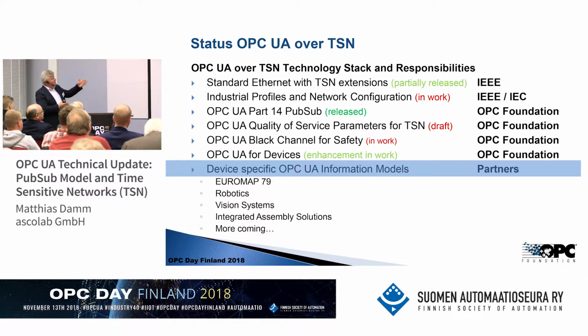A lot of the companion specs at the end of the day represent devices that need to talk to controllers. And even if maybe 95% of the information goes to the IT level, there are still very important real-time signals that need to be exchanged with the controller. So a lot of these specifications have some requirements for real-time and are looking for OPC UA over TSN support.